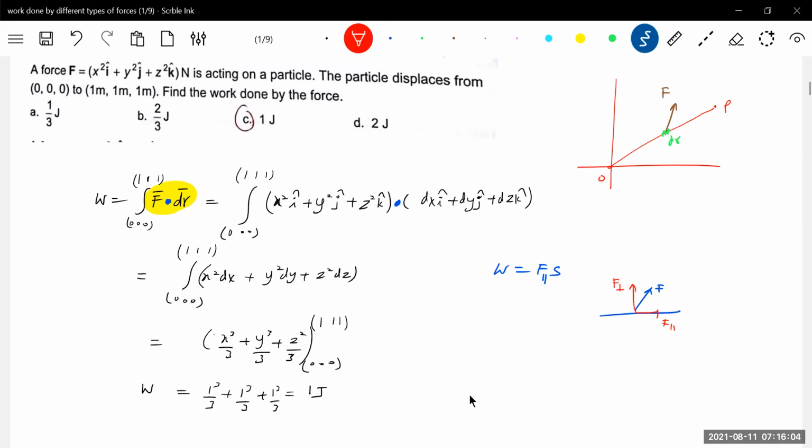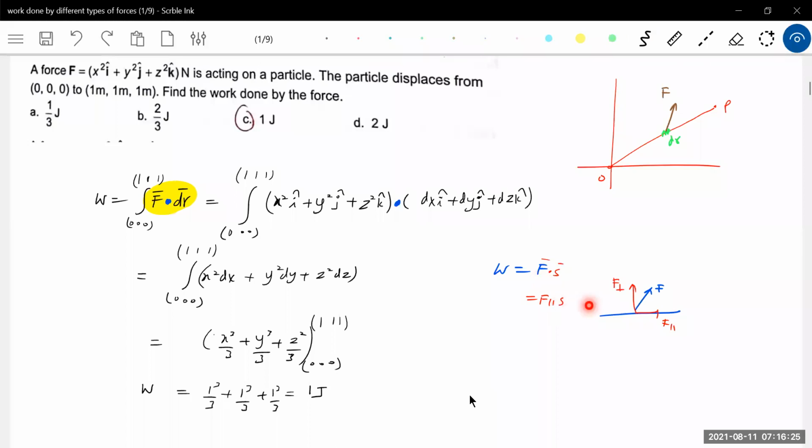Which force will be doing work? F parallel. How to calculate the component of force along the displacement? I'll take help of the dot product. So what is the meaning of that? It is F parallel into S. So the dot product helps us get the component of force along the displacement.